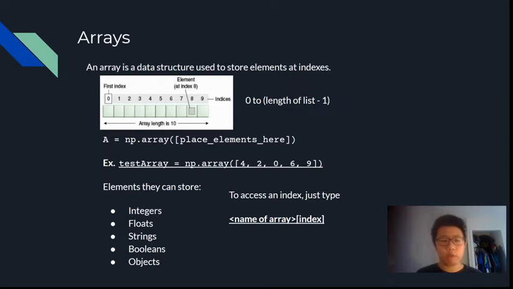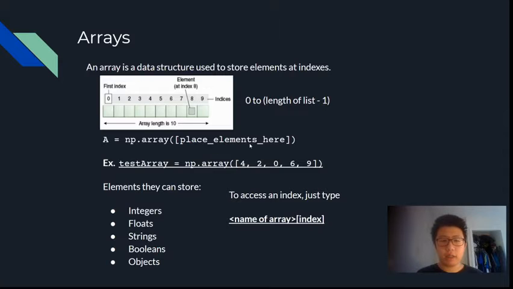Now onto the array. The array is a data structure much like a list because it stores elements at indexes starting at 0 and ending at the number of elements in the list minus 1. To create an array, you need to call the array function and call it on NP.